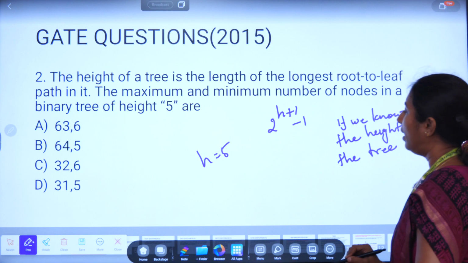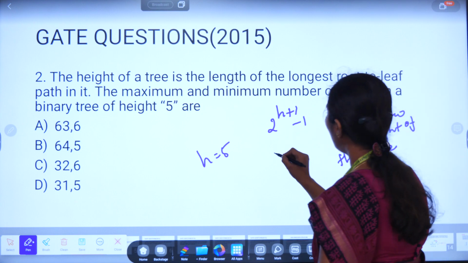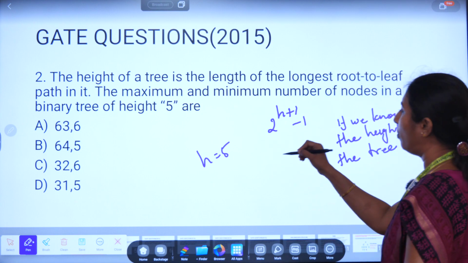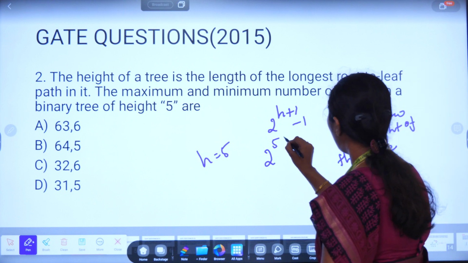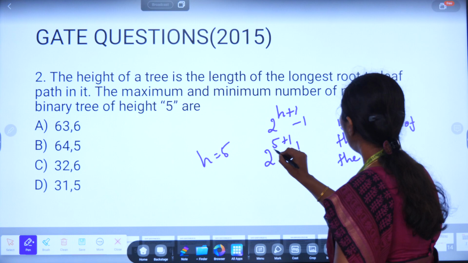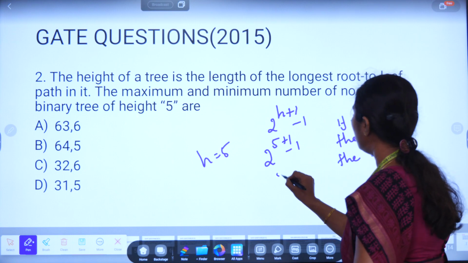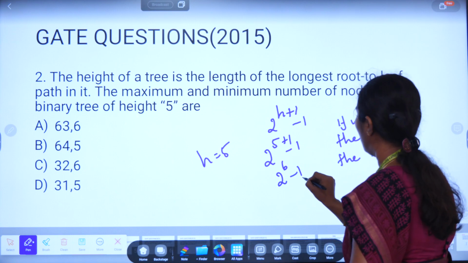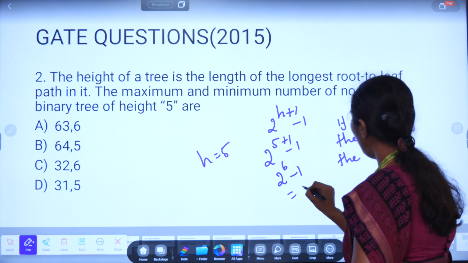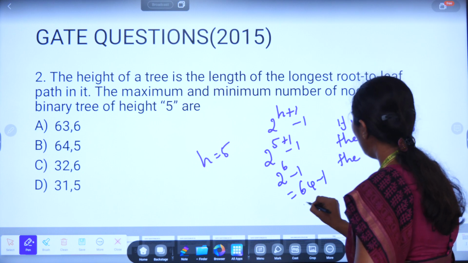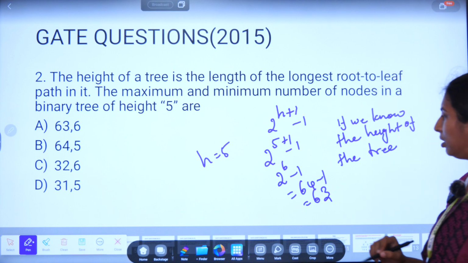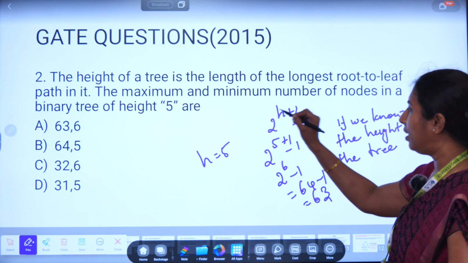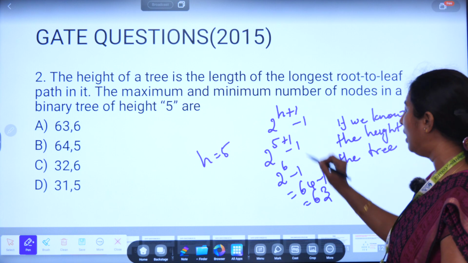So how do we compute the maximum number of nodes for a tree with height 5? 2 power 5 plus 1 minus 1, which is nothing but 2 power 6 minus 1. So it will be 64 minus 1, which is 63. So the maximum number of nodes it can have for a tree of height 5 is 63.